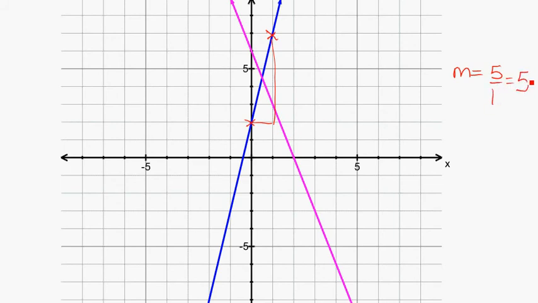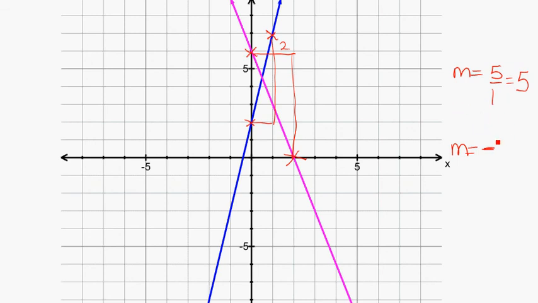Okay, let's try the pink one. It goes through there. Okay, I'm going to choose this one here this time. Let's find the pink gradient. We go across 2. Now we have to go down to the line, so it's going to be a negative gradient. 1, 2, 3, 4, 5, 6.